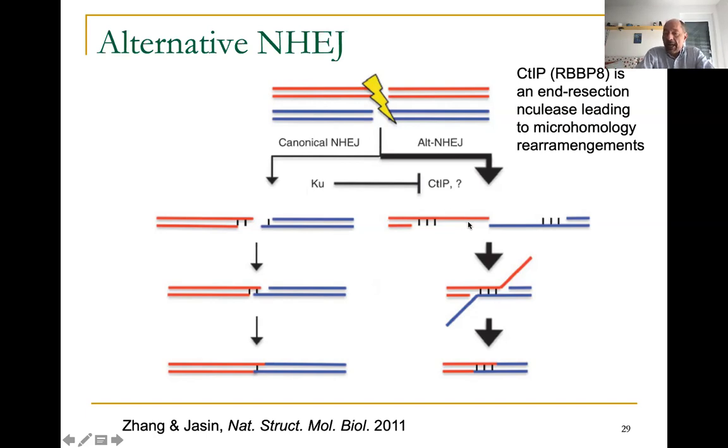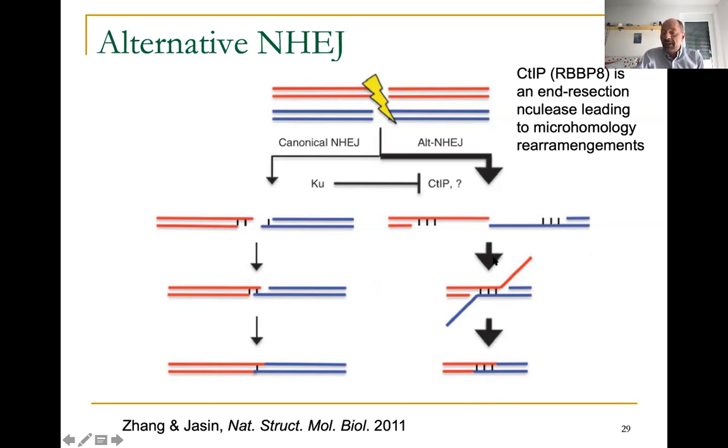Resection means that now you cut long strands on the two sides until you find a microhomology. So until you find a sequence of 2 or 3 base pairs that are the same on the two sides of the strands. At that point, what do you do? Boom, you actually join the microhomology and you repair the DNA.